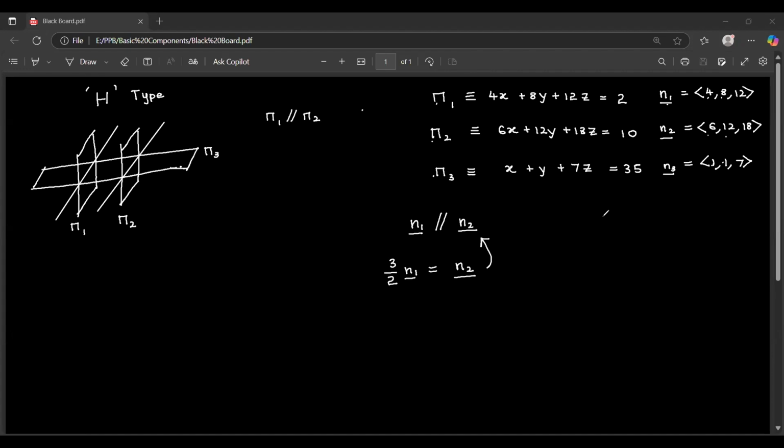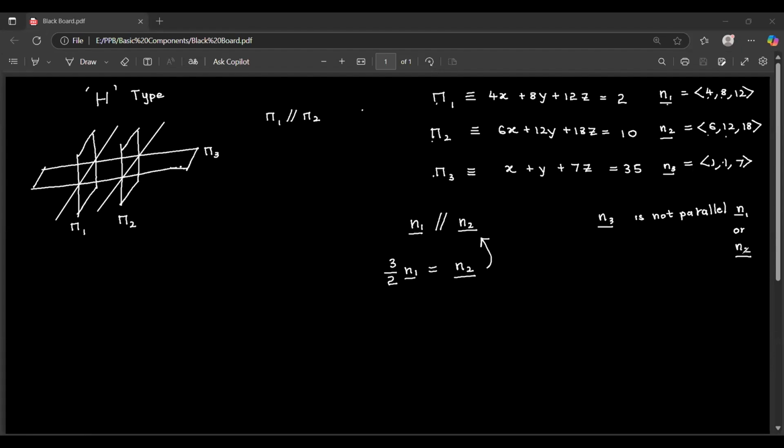And you can clearly see N3 is not parallel to N1 or N2. If it is not parallel to N1, that means it is not parallel to N2. So this is the first step you have to complete.